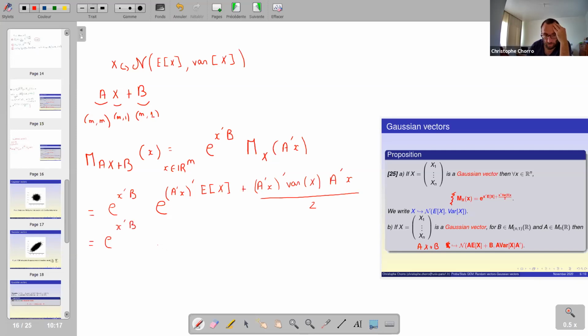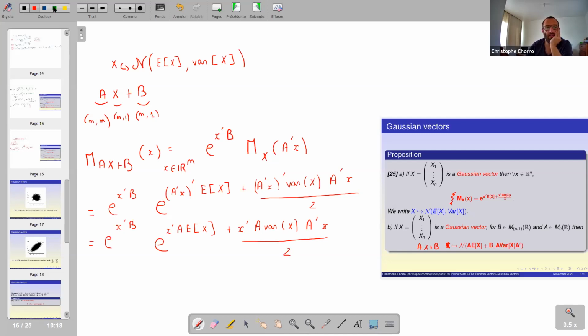And now we are just going to use the properties of the transpose. So (A prime x) prime is equal to x prime (A prime) prime, that is just x prime A, multiplied by the expectation of X, plus, and the same for this one, x prime (A prime) prime, that is just x prime A, variance of X A prime x over 2.